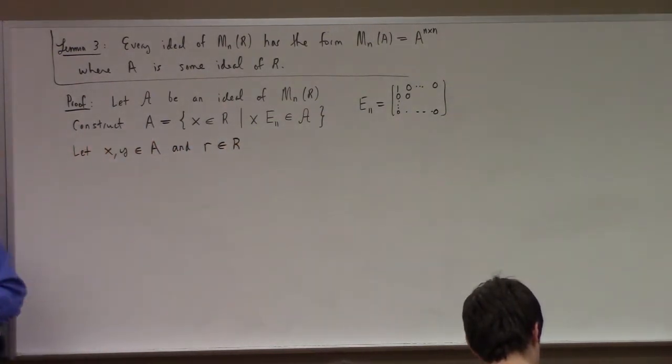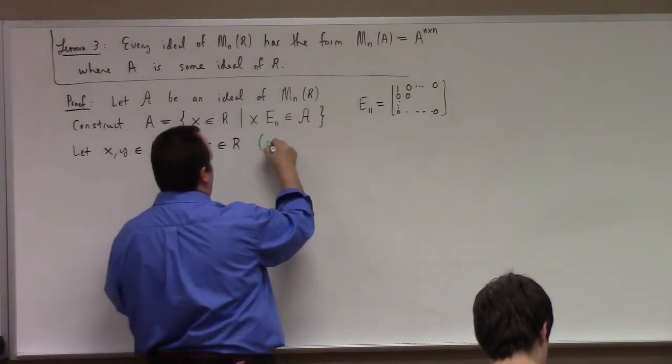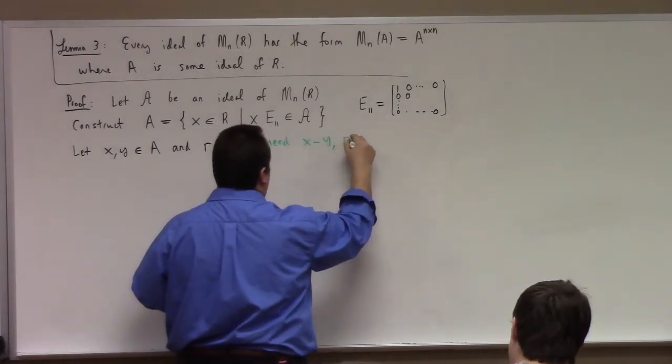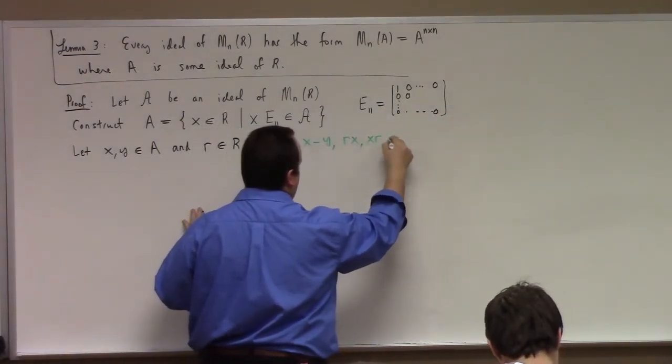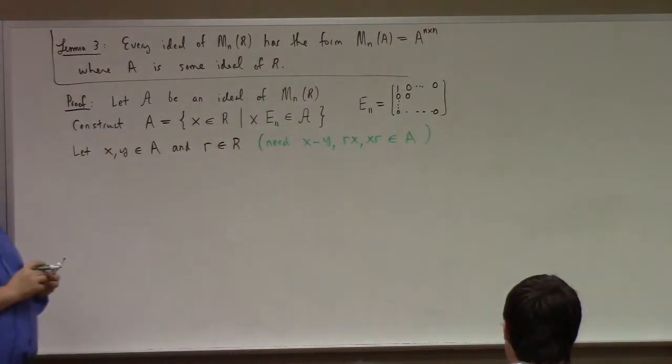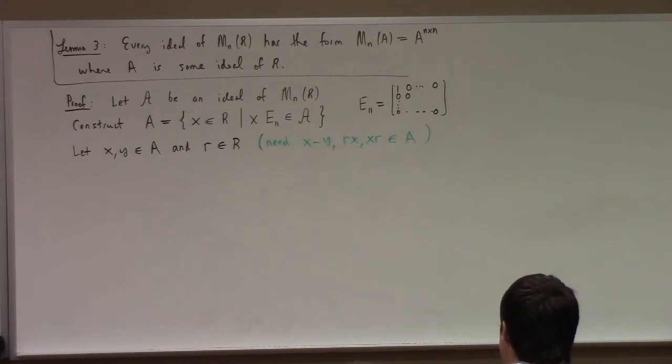What we want is that x minus y, Rx, and xR are elements of A again. If we have those three things, it's an ideal, right?